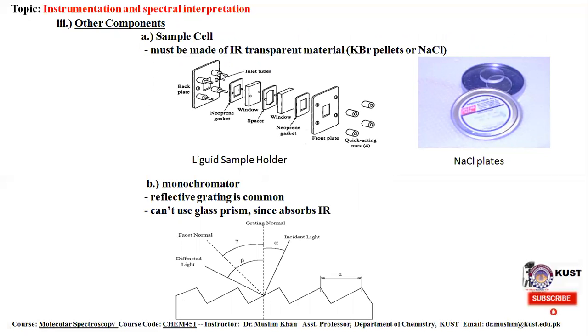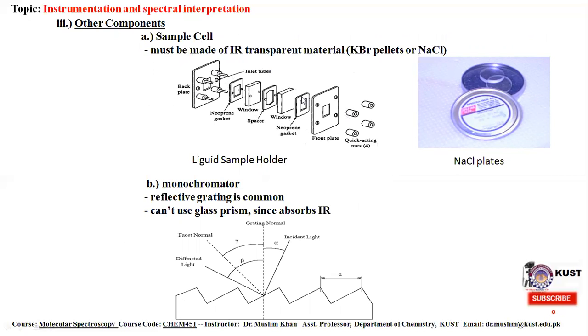So the other component is the sample cell, where usually you place the sample. This must be made of IR transparent material, for example KBr pellets or sodium chloride pellet. So what does it do?